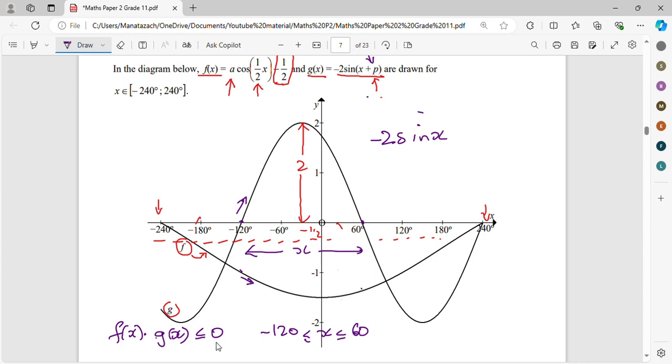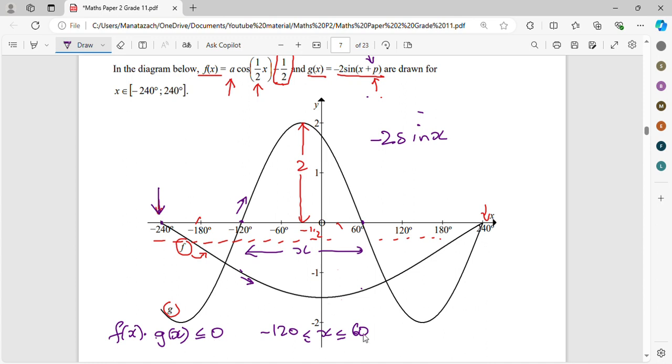Now, also f times g equals to 0 is also relevant. So you can see here at exactly minus 240, when you multiply the graph of f and g is also going to give you a 0.